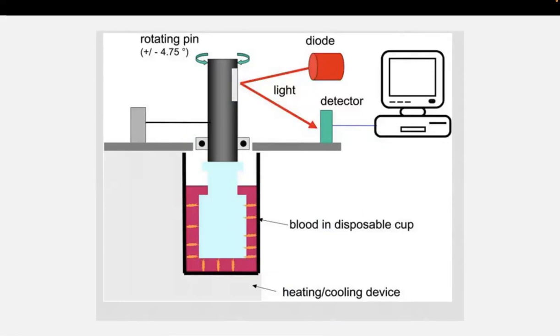Light is shined from a light diode and reflected onto a detector, and the message is sent via this detector onto an image. This pin will rotate every 6 seconds, and it measures as the clot becomes stronger and there's resistance to the rotation of the pin.